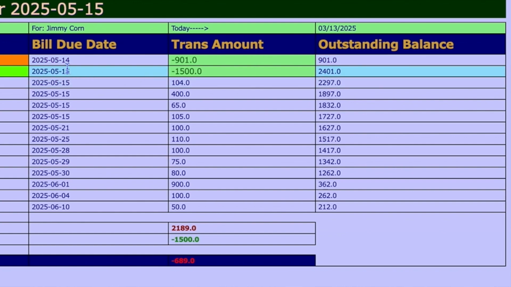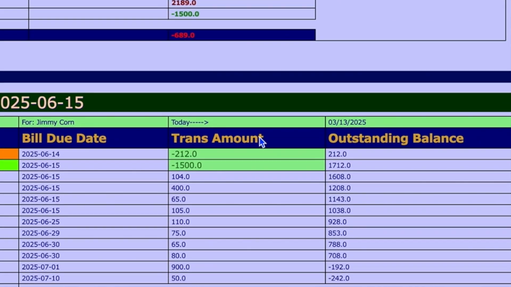Then they get paid again on May 15th. They're up to $2,400. And all the bills again happen for May, same as April. And now they're $689 in the hole. So they're still left with $200 cash, but just for this period, they went from $900 down to $200, which is where the $689 comes from.